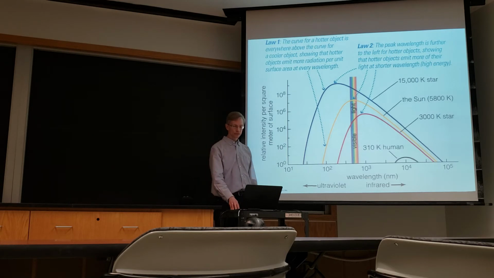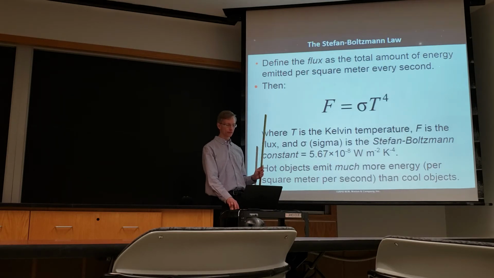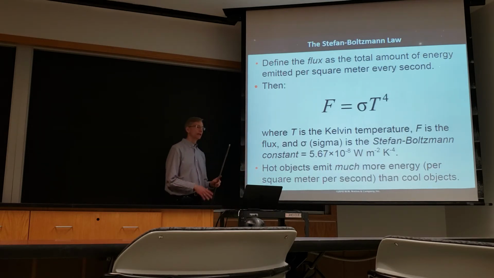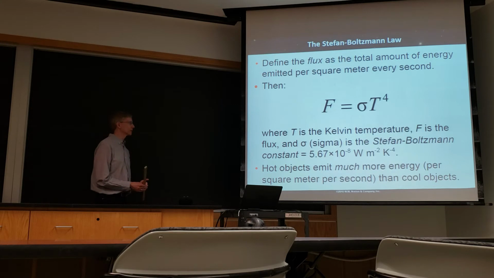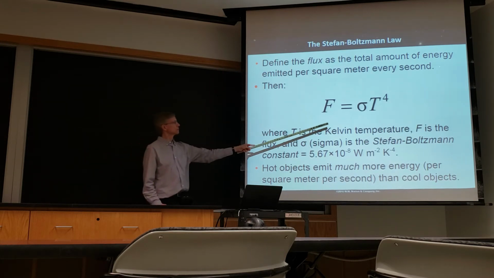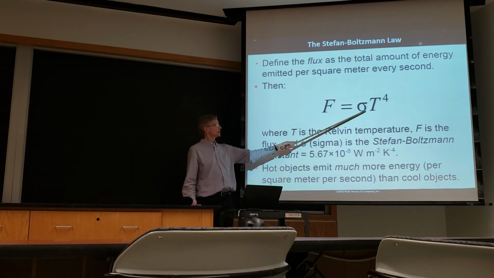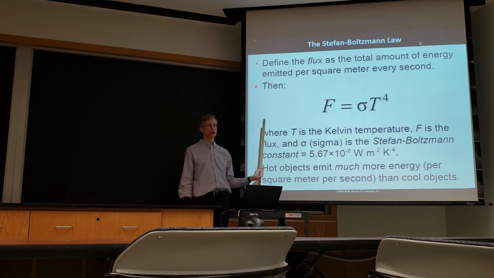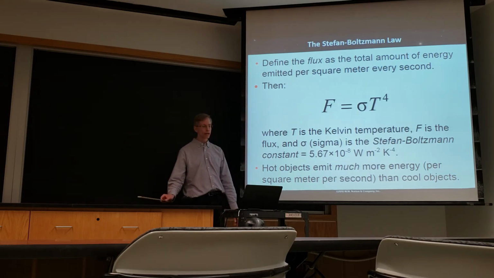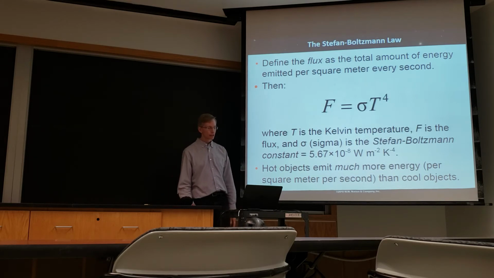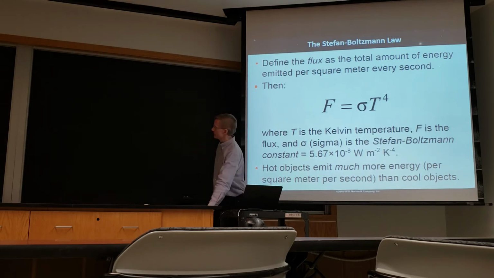And so in other words, the flux, the power coming out of each square meter, is related to the temperature, such that the higher the temperature, the more power is coming out of each square meter. That's described by the Stefan-Boltzmann law. The flux is sigma times the temperature to the fourth power. So hotter stars have more energy, by a lot, coming out of each square meter of their surfaces.